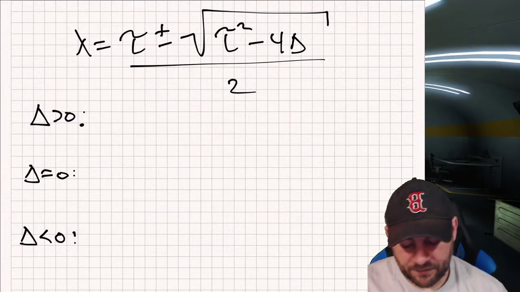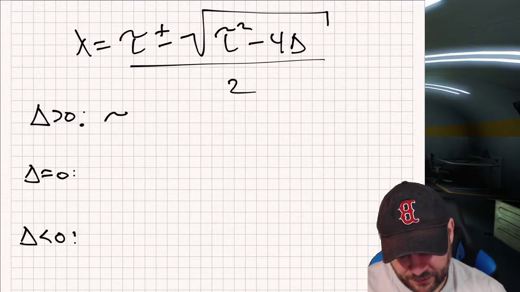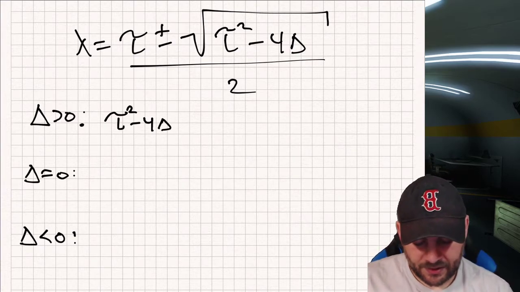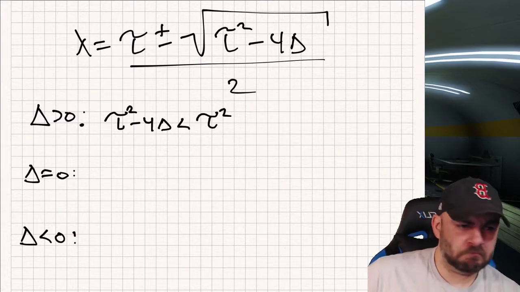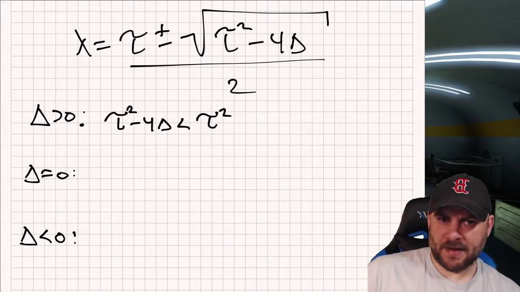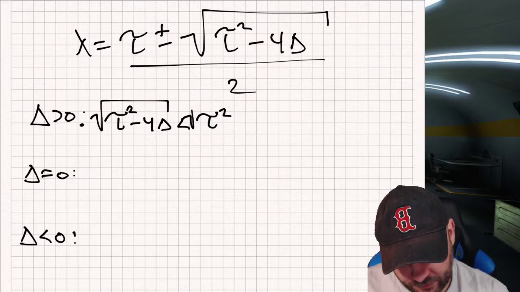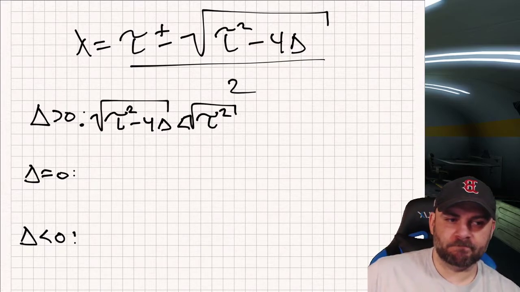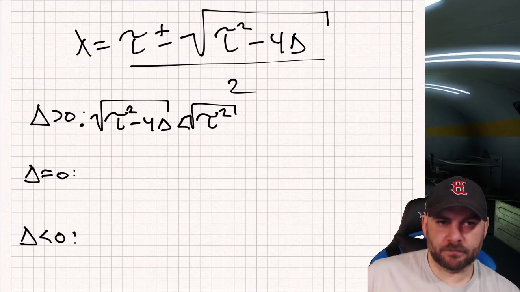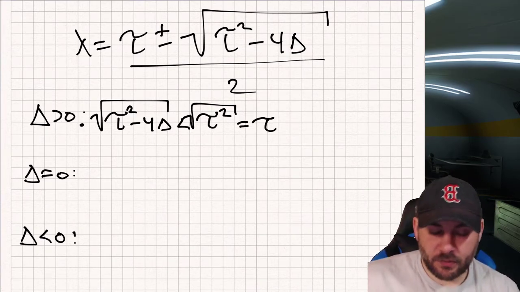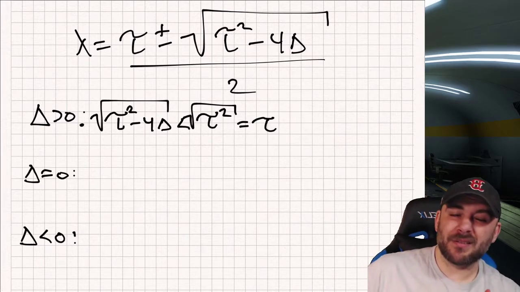If the determinant is positive, then think about this quantity right here. It is smaller than tau squared, correct? Which means the square root of this is smaller than the square root of that, which means that square root bit is smaller than tau.